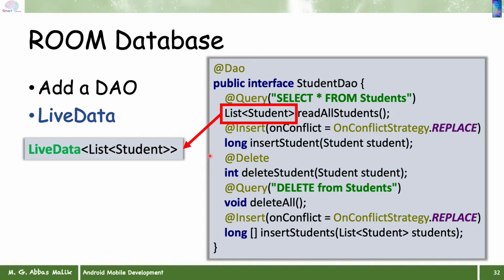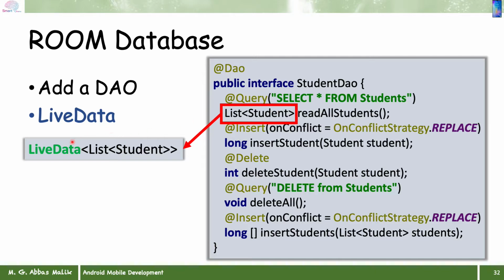LiveData is more like, instead of having a plain list of students, I say a live list of students. What does it mean? We go into the sign up and then we add a student. When you add a student, if it is a plain list, it will not update itself automatically.